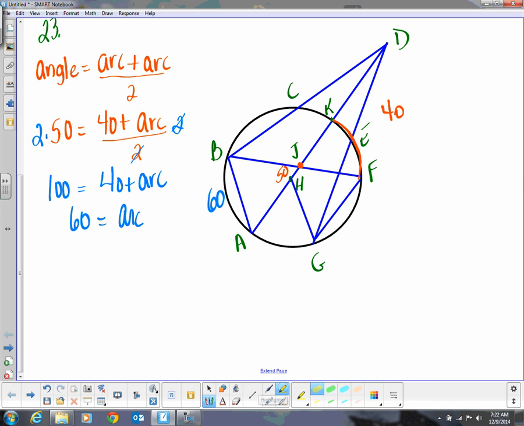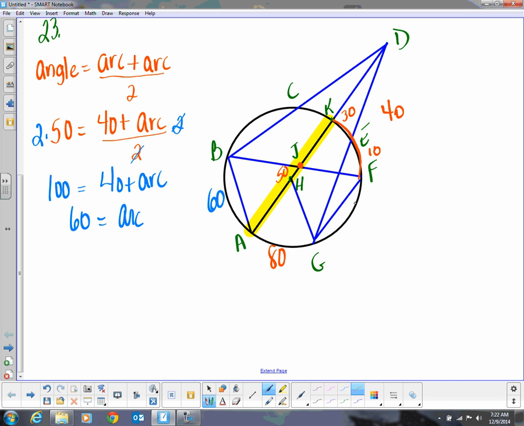All right, this is a diameter right there. They told you that EF is 10, the arc. If this is 10 and the whole thing's 40, what's this little KE? 30. So if this is 30, this is 10. Did they tell us AG? They told us AG is 80.